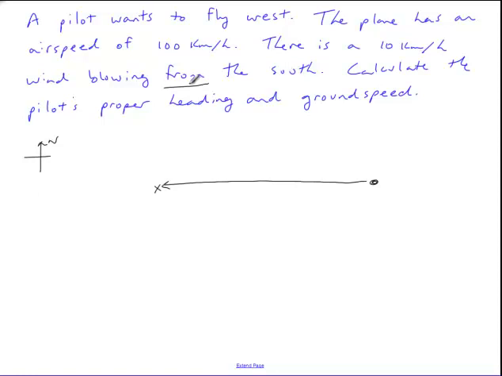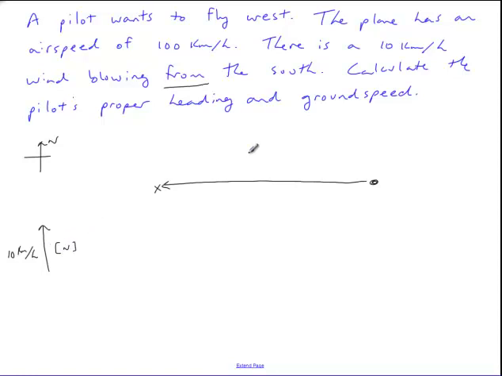The wind is blowing from the south, not to the south. It's actually blowing in this direction. From the south, it's coming from here and going that direction. This is what it looks like, 10 kilometers an hour, and it's going north, because it's from the south.